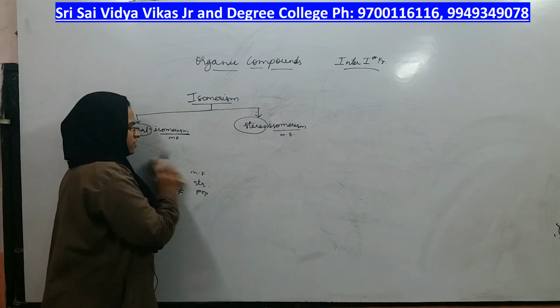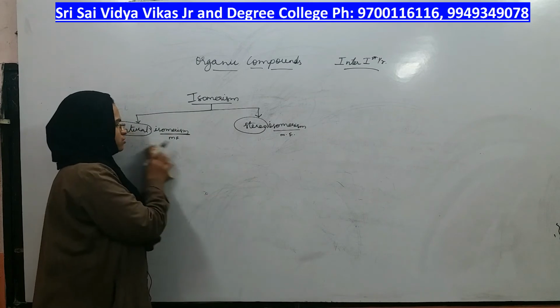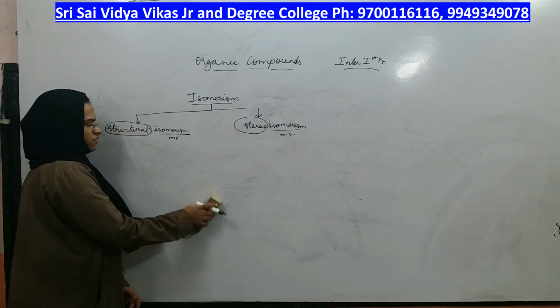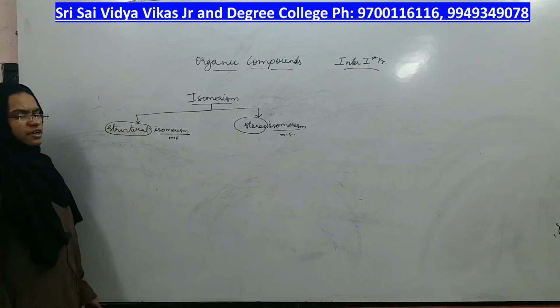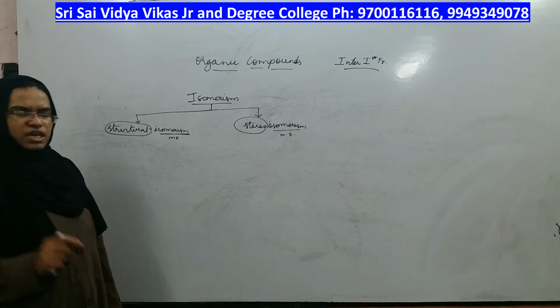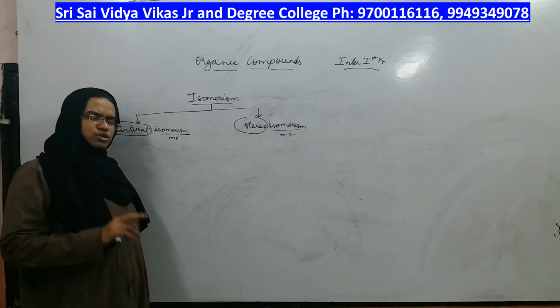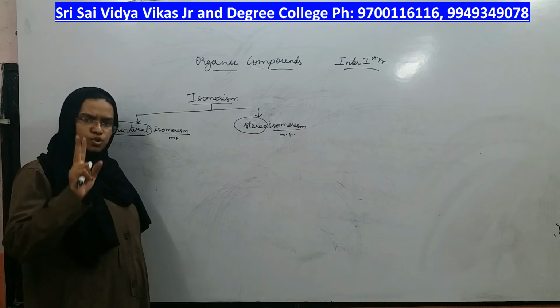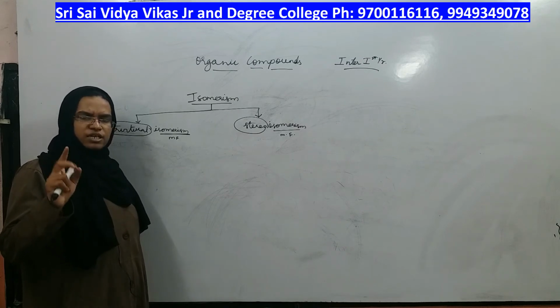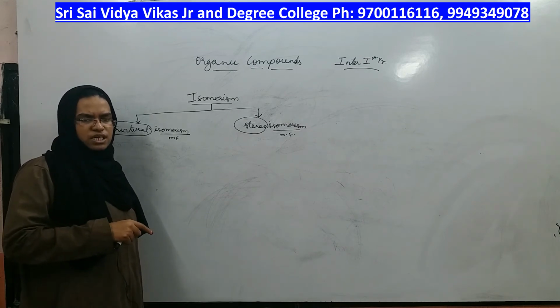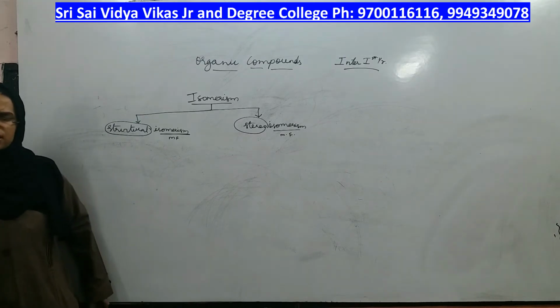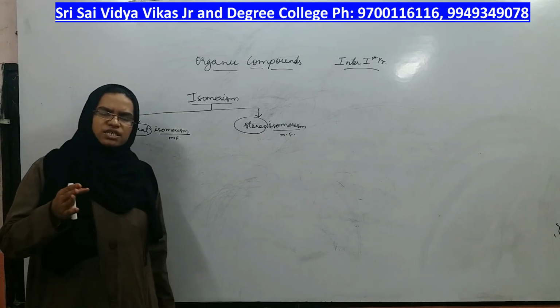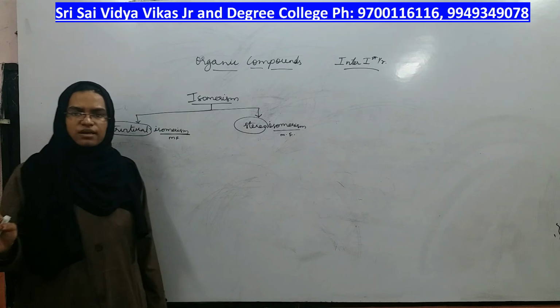So now I will define these two different types of isomerisms in this way. Whenever you define any isomerism, you should give examples too. You cannot tell by giving one example that it is a structural isomerism. It's just like saying he is the son of. Incomplete statement.